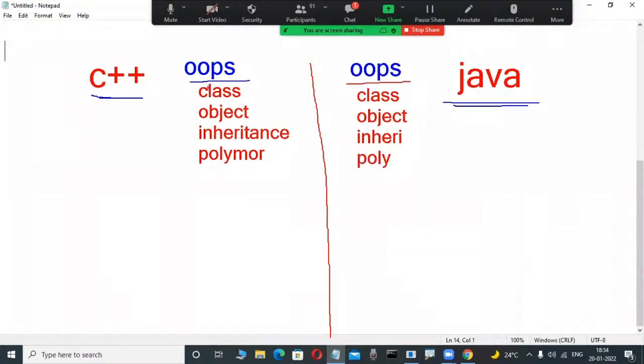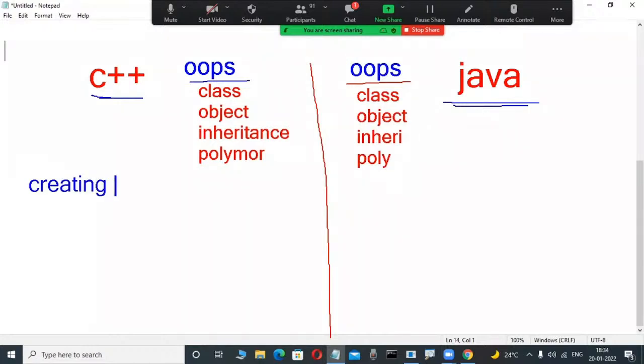That's why conceptually class, object, inheritance, polymorphism are the same in C++ and Java, along with encapsulation and binding. But observe here, anybody guess: suppose in C++ I want to create an object from the class, what is the syntax?